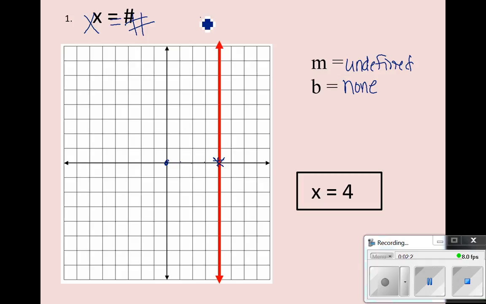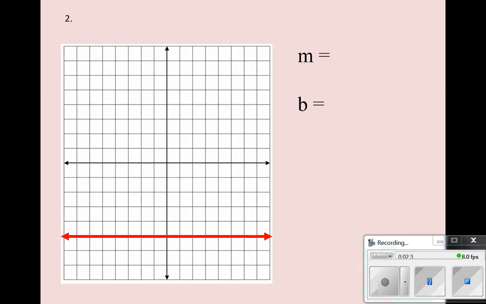Let's go to example 2. Example 2 is another special one. What is that equation going to start with, everybody? Y equals a number, so let's write that at the top. Y equals a number. What is the M whenever you see a graph like this? 0.